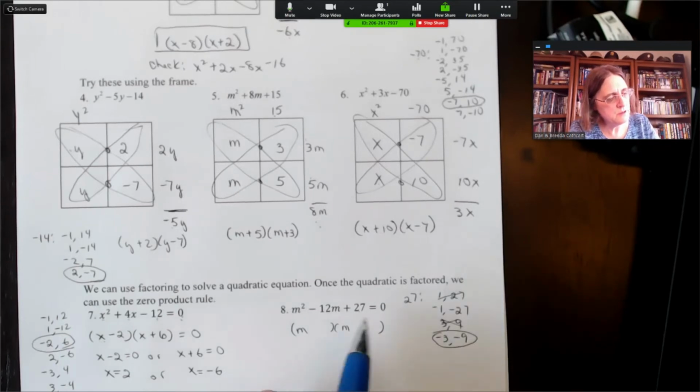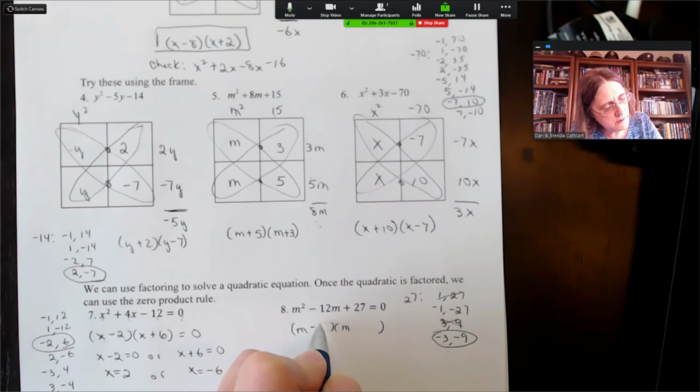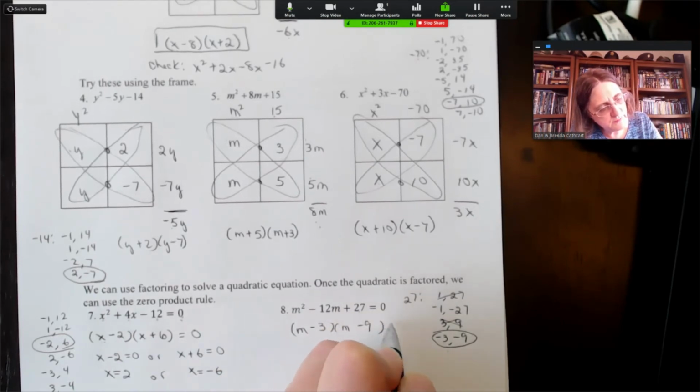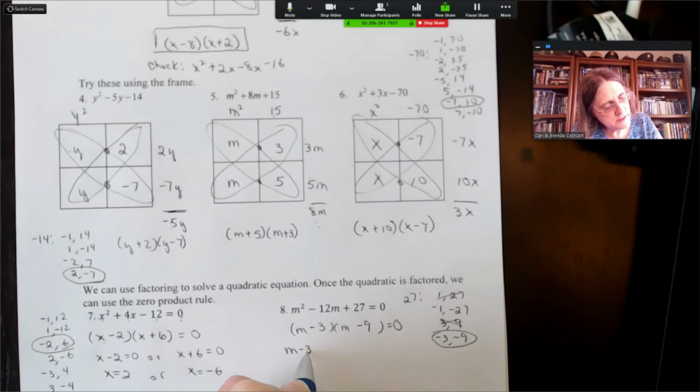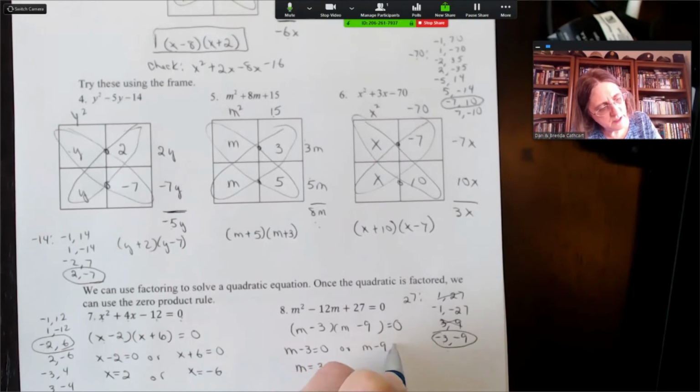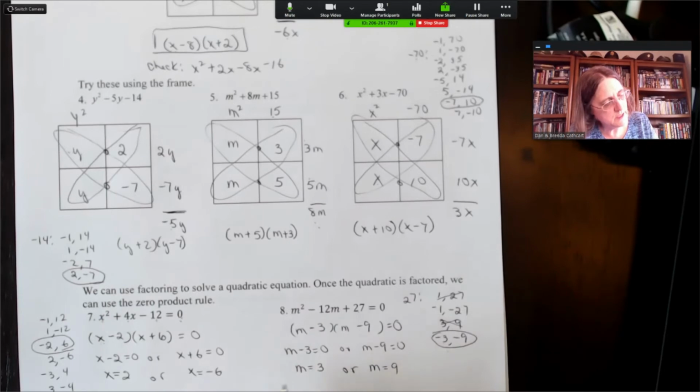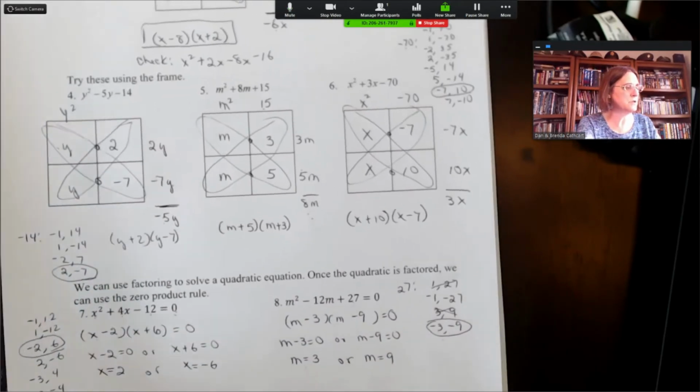So our two factors to multiply to get our last term of positive 27 are negative 3 and negative 9. And each one now is equal to 0. So using our zero product rule, our factor m minus 3 is equal to 0, giving us m equal to 3. Or our m minus 9 is equal to 0, giving us the solution m equals 9. And again, we have two solutions.